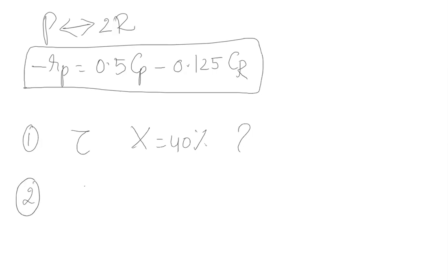First question. What is the residence time required for 40% conversion of P?